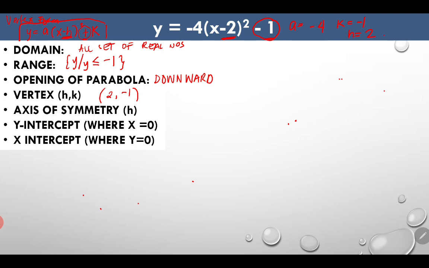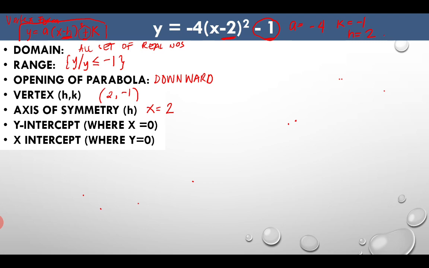Axis of symmetry is h. So, that is, axis of symmetry, x is equals to 2. Okay, our y-intercept. So, sa y-intercept, kapag naka-standard form, automatic, si c, yung value ng c o yung constant term, yun na yung y-intercept.